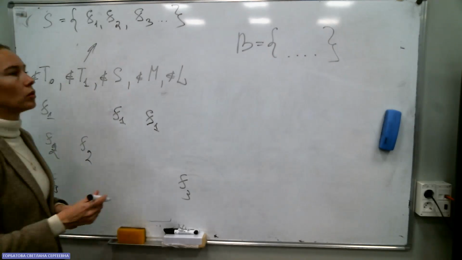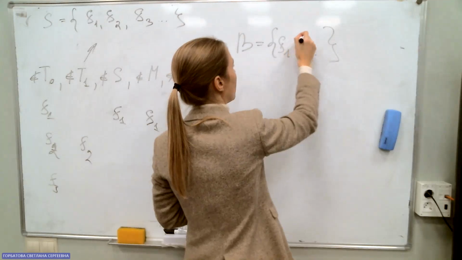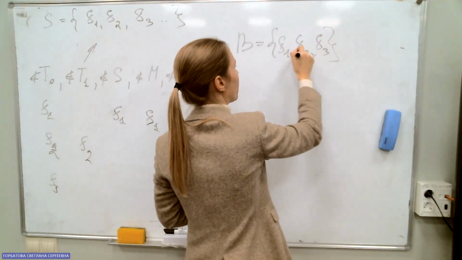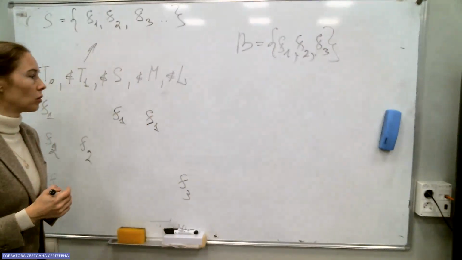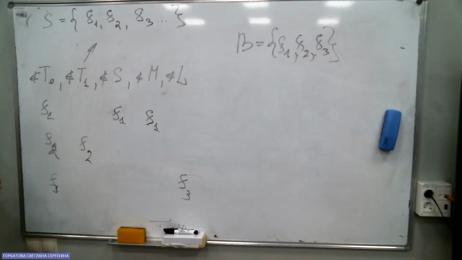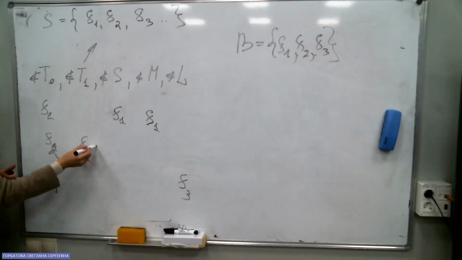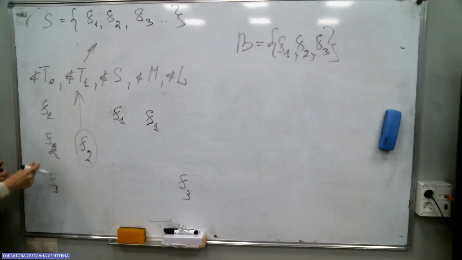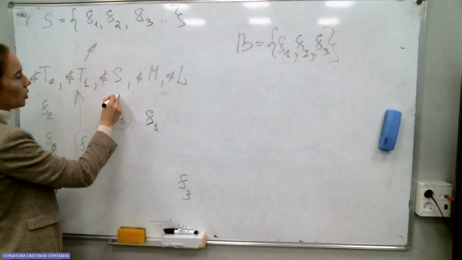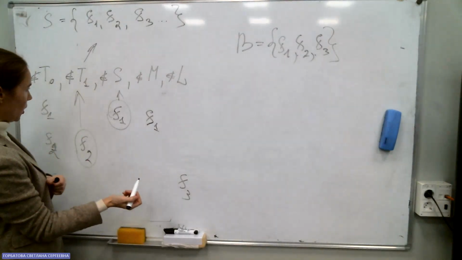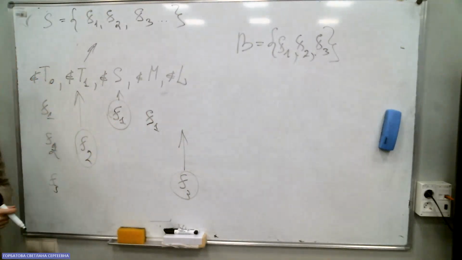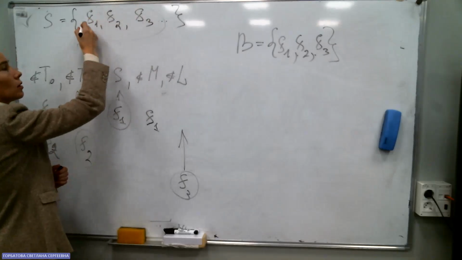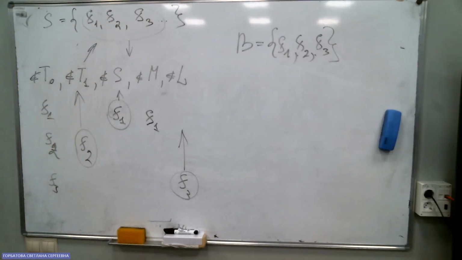It means that each function is important. For example, function F2 is important for this class, function F1 is important for this class, and function F3 is important for the linear class. So this is basic according to this example.